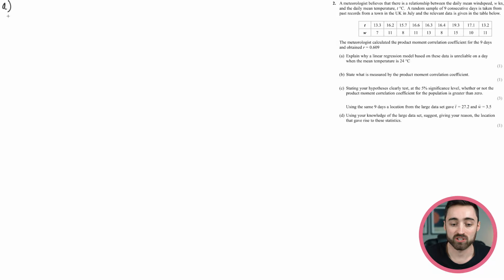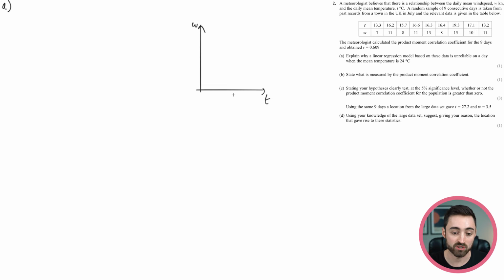Look at the temperatures, right? Let me give you a bit of an example here. I'm plotting my T and my W. Got all these different temperatures, all these different Ws, and the relationship between them is plotted. And then we're hopefully going to get some kind of line of best fit, a linear regression.